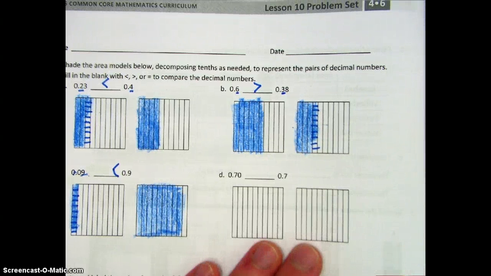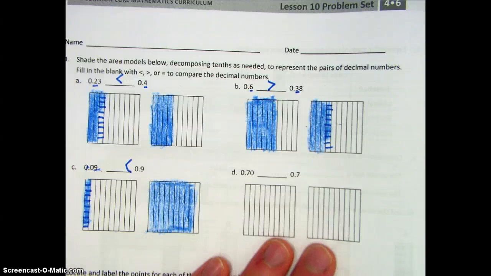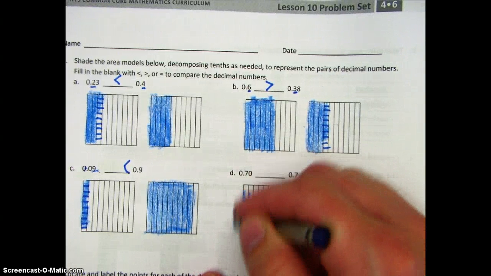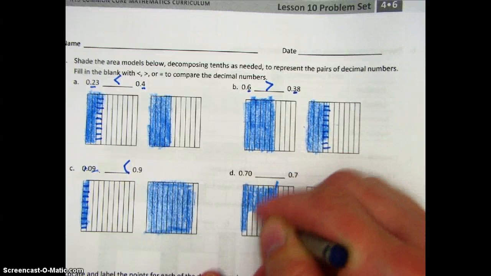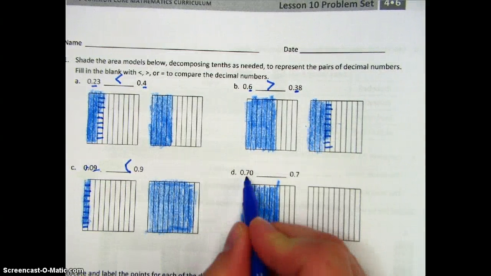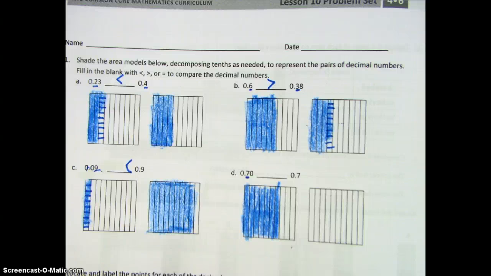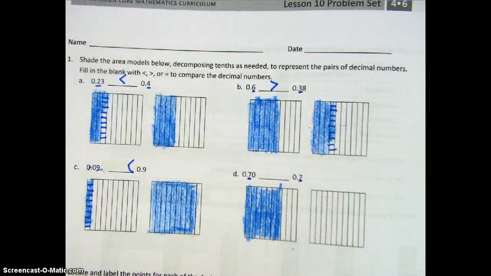Now again, same thing here with letter D. We have 70 hundredths, which is also 7 tenths. So we're going to shade in this. Now again, we have a 7 in the tenths place. Now going over to our next number, we also have a 7 in the tenths place.